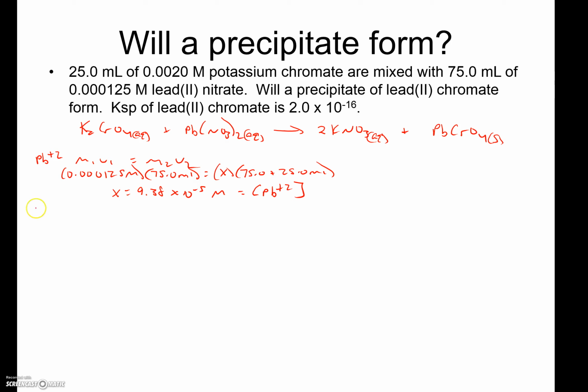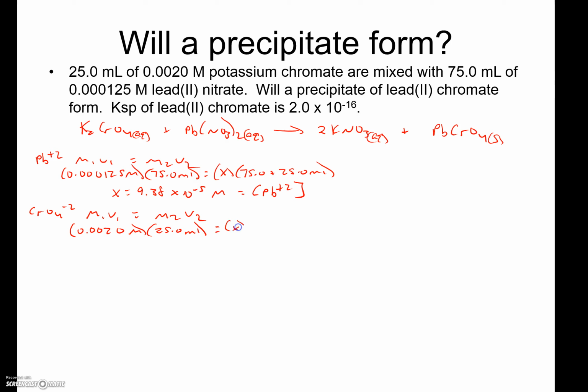We're going to do the same thing for our chromate. Again, we're going to take the potassium chromate solution and mix it with the lead nitrate solution, so it's a dilution problem. So M1V1 equals M2V2. So for the potassium chromate, the original concentration is 0.0020 molar, and the volume originally was 25 milliliters.